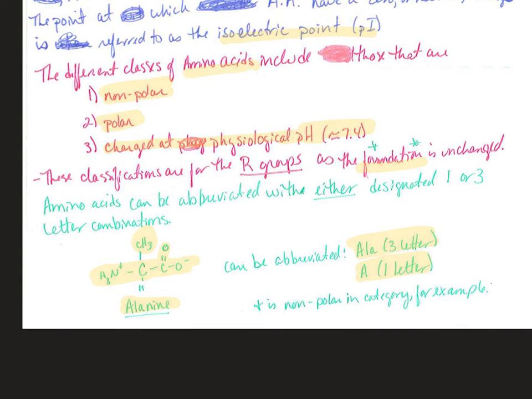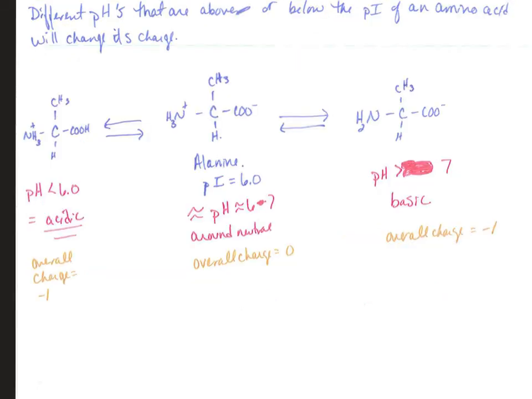This would be a nonpolar R group. Why? Because CH3 is simply nonpolar. So let's talk a little bit more about that. The PI, or the isoelectric point. Okay. So that for alanine is about 6.0.